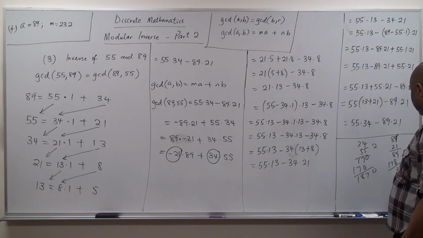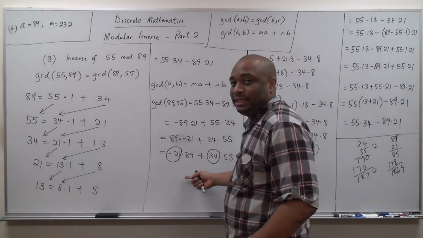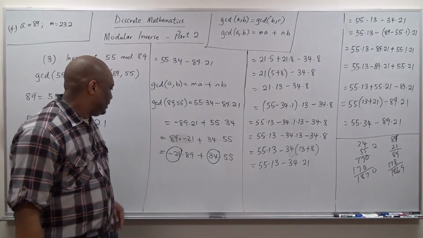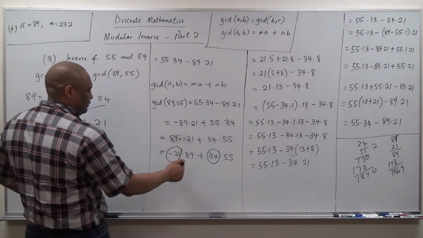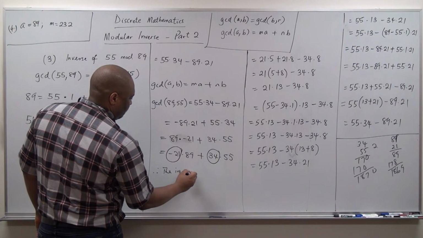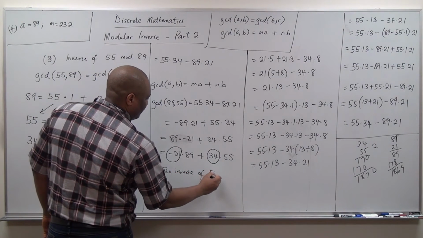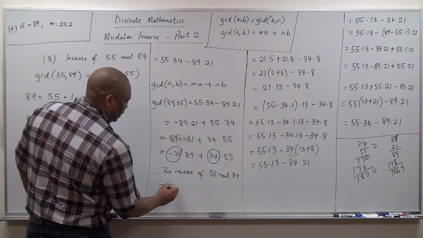So it's 1869. So negative 1869 plus 1870 will still give you 1. So we see that the inverse of 55 mod 89 is equal to 34.